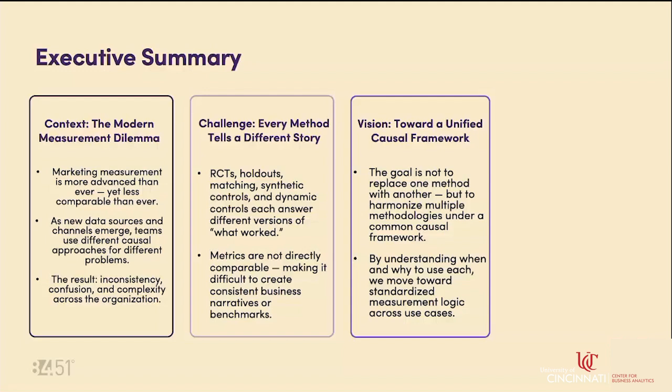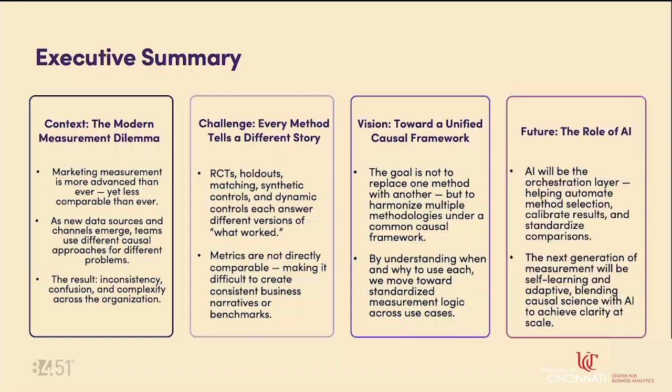So that's the holistic vision, and that's reflected in the future state where we envision AI to be the orchestration layer to help oversee, hey, this campaign used a randomized control for measuring, versus this campaign used Bayesian matching or whatever it may be.